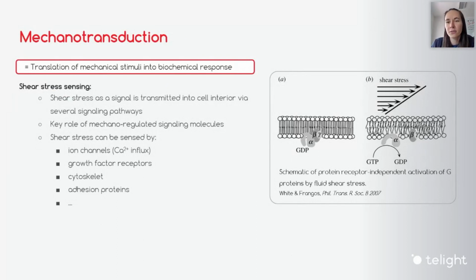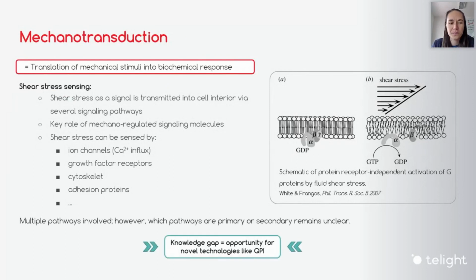There's a key role of several signaling molecules, and shear stress can be sensed, for example, by ion channels, growth factor receptors, as described in the picture, by cytoskeletal molecules, adhesion proteins, and some more. However, there are multiple pathways involved in this mechanotransduction effect, and these pathways are not fully understood yet.